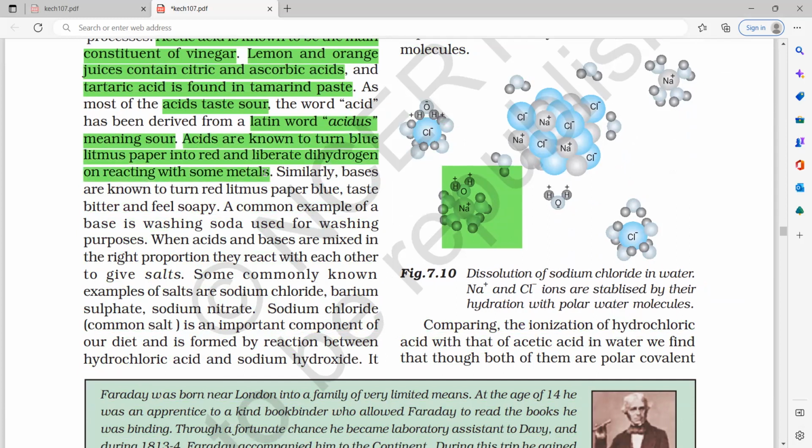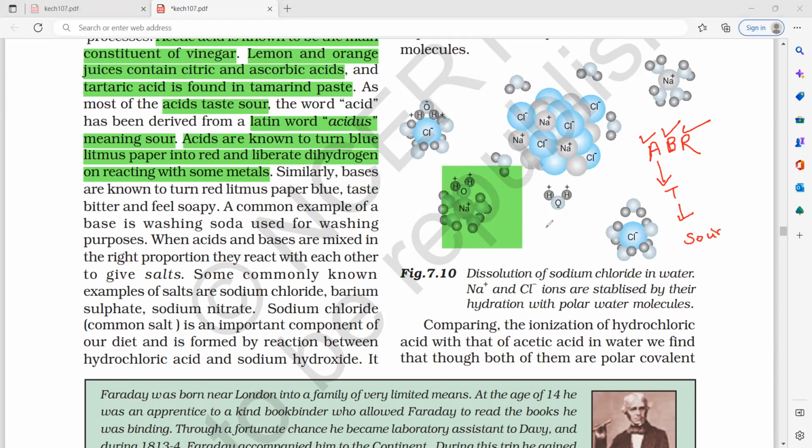So I just use an acronym like A, B, R. A for acid, blue to red. Acid's taste is ATS. Acid's taste, S stands for sour.